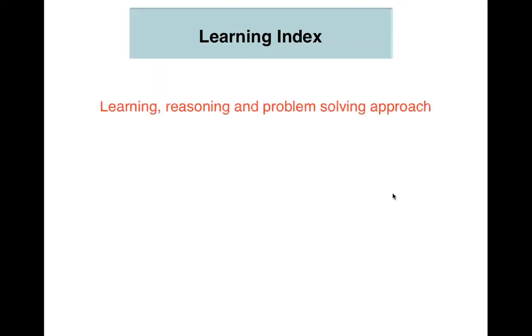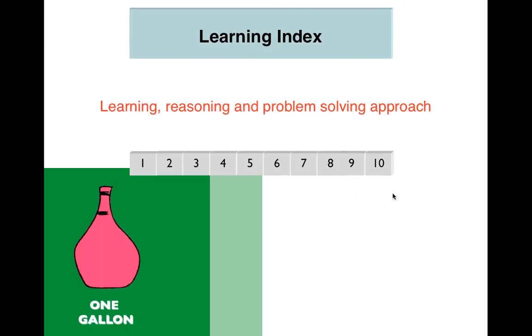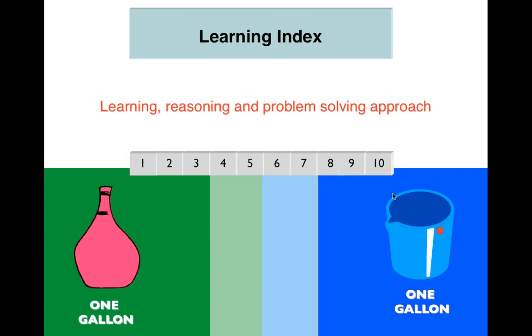Now, let's say that 1 gallon is a pretty high level of intelligence. And on this scale, we could have two people who have a gallon of intelligence, but one of them scores at the high end of the scale and one at the other end. They may well have achieved the same academic results in examinations, but they have very different ways of dealing with information.